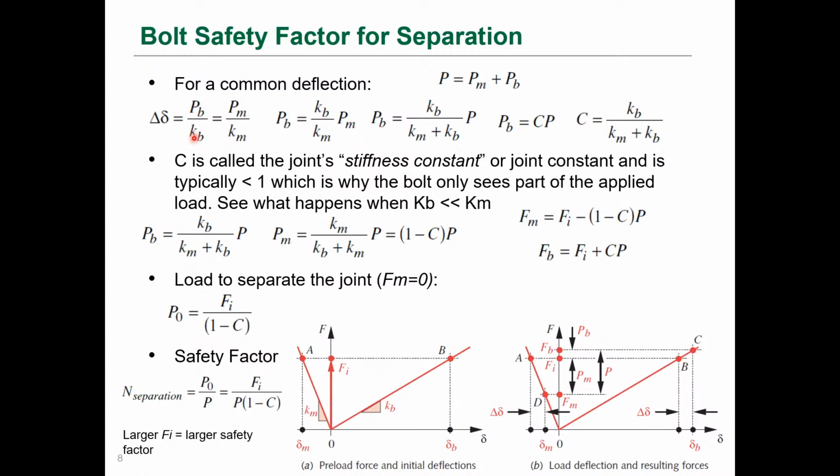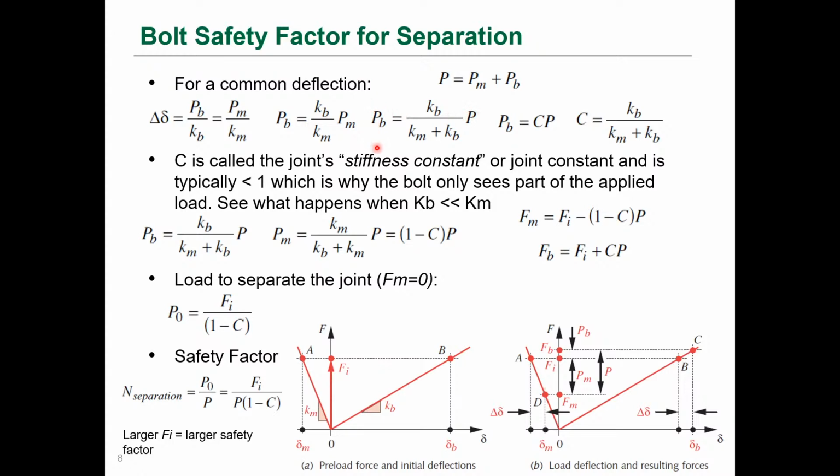So the load over the stiffness for the bolt is equal to the load over the stiffness for the material. If we plug those equations back in, or express the load of the bolt in terms of the load of the material by multiplying both sides by KB, we get this expression. Then if we use PB in this equation, we can collect terms, solve for PB, and we get the stiffness between the bolt and the material times the load that's applied.